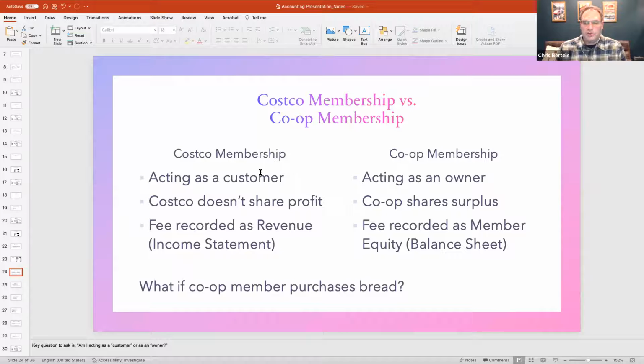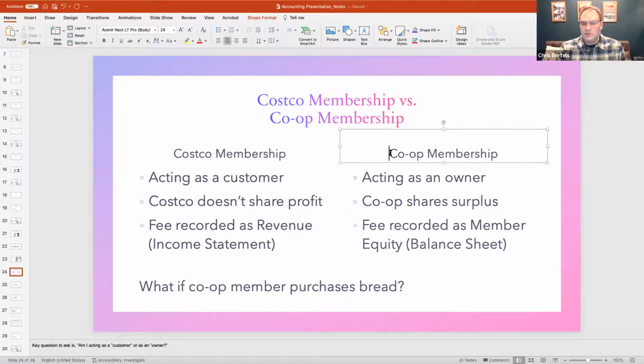All of the profit is going to the investors. None of it is going to the people that bought the membership. In that context with Costco, that membership is actually revenue to them. It's going to show up on the income statement.